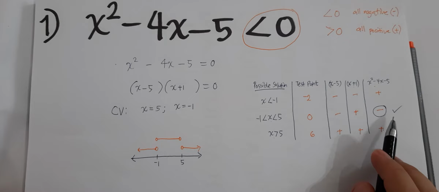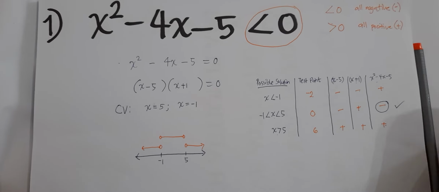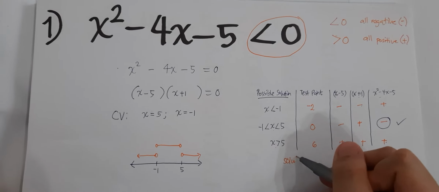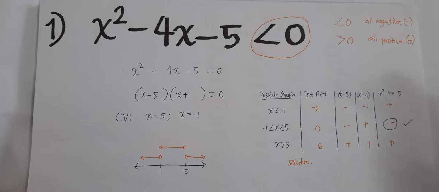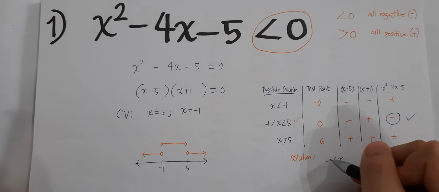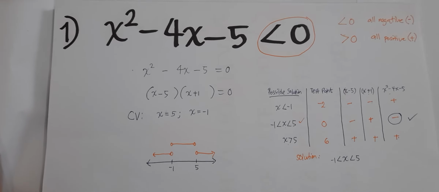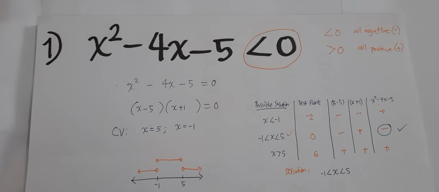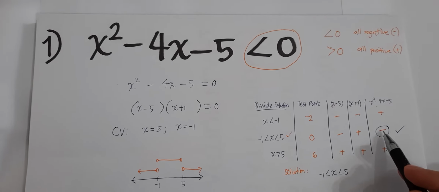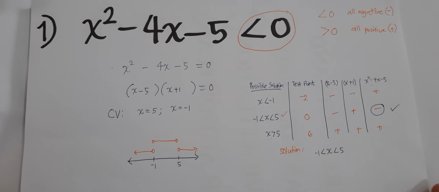Which inequality is this? The second option. So therefore, your solution is x from minus 1 to 5, because we need less than 0, or the negative. So I will choose the second option.